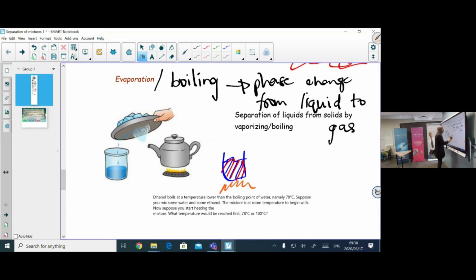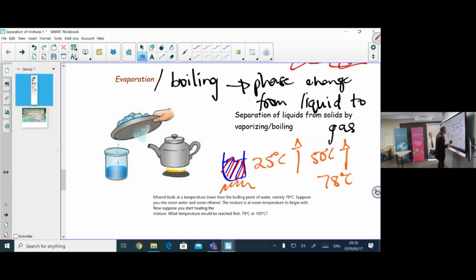It will go from whatever temperature it is, let's say room temperature at 25 degrees, and it will start to increase. It will get to 50 degrees Celsius and continue to increase. Eventually, it will get to 78 degrees Celsius. And what happens at 78 degrees Celsius? This is the boiling point of ethanol, right?